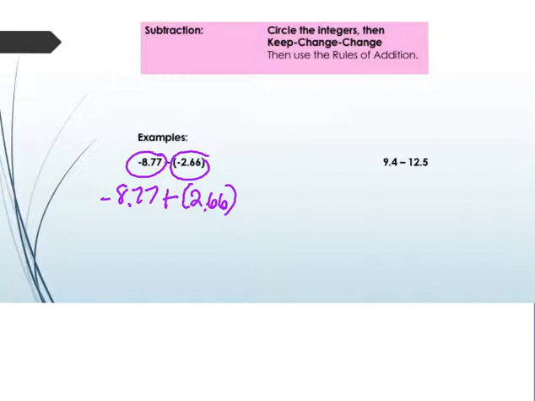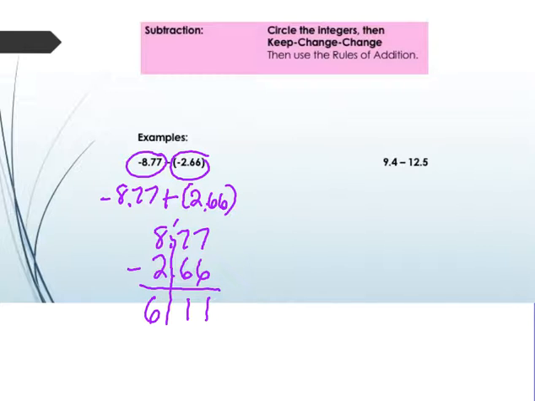Now we can use the rules of addition. The larger number is negative 8.77, so 8.77 minus 2.66, big minus small. There's our decimal. 7 minus 6 is 1, 7 minus 6 is 1, 8 minus 2 is 6, 6.11.